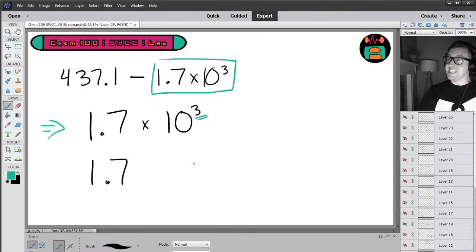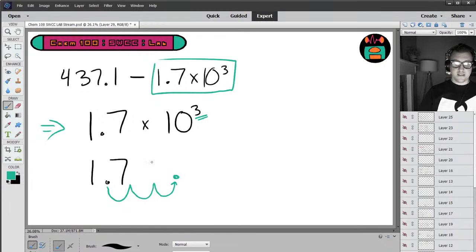This power of 3 tells us that the decimal was moved 3 spaces when it was taken from standard to scientific. To convert it back, we take this decimal and move it 1, 2, 3 spaces to the right.